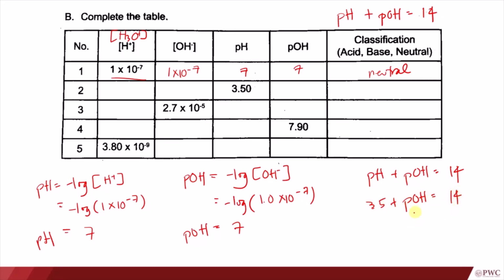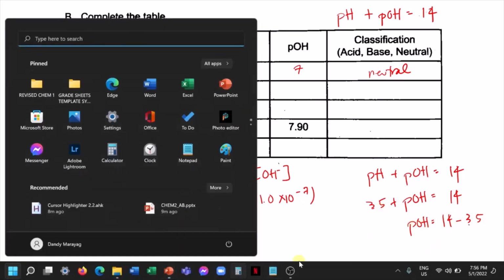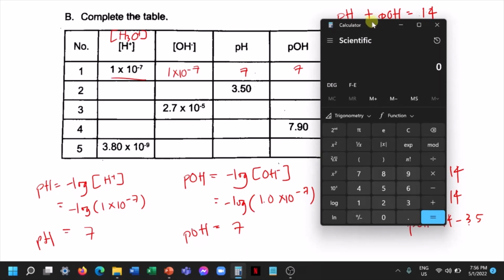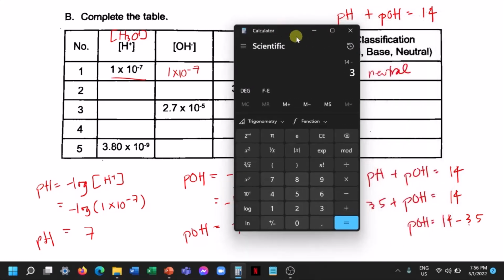To find the pOH here, simply subtract 3.5 from 14. So just transpose this one over here. Let's open our calculator. We have 14 minus 3.5 is equal to 10.5.